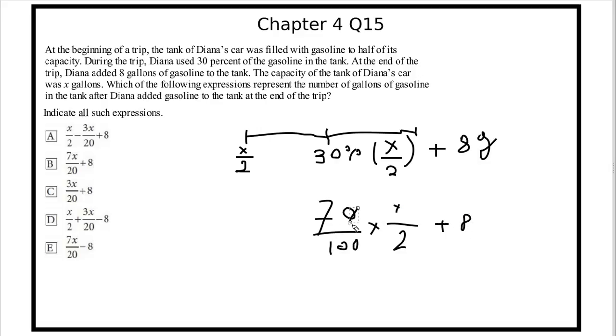This 0 and this 0 will go together, so you have 7x divided by 20, and all of this plus 8.